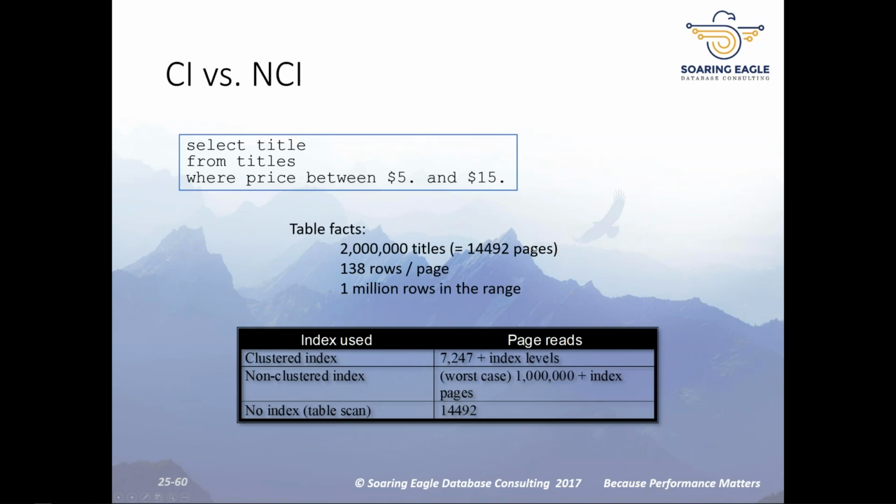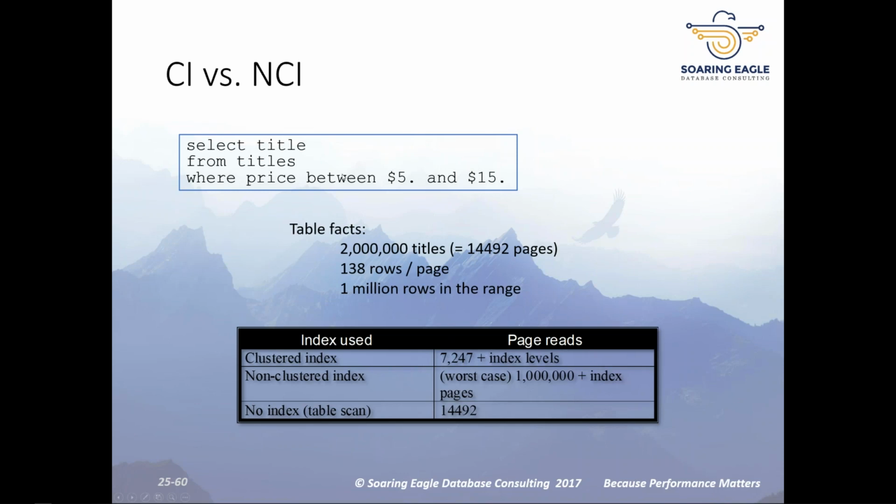Here I'm quantifying a little bit. If I have 2 million titles, I'm fitting that on about 14,000 pages. 138 rows per page, a million rows in the range. If I use a clustered index, that's pretty efficient because then I've got 7,000 pages to read, about half the pages. Non-clustered index, I've got 1 million page reads.